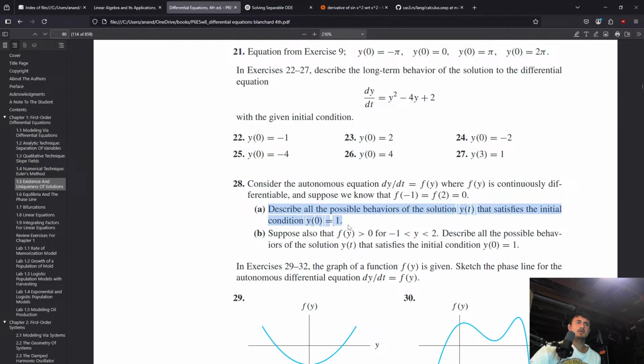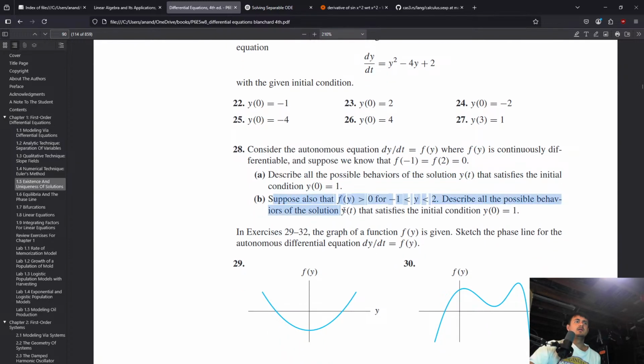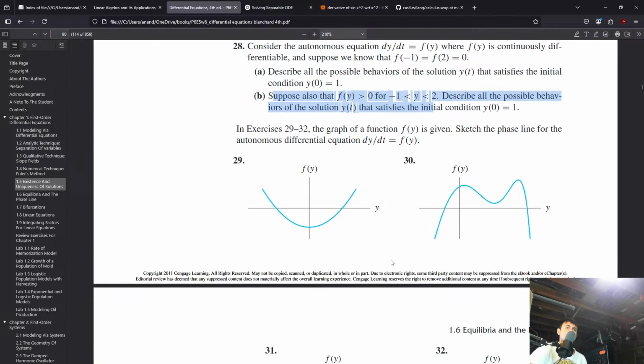So this could be in equilibrium, or it could go to -1, or it could go to 2, but that's pretty much it. Suppose also that f of y is greater than 0. Well, it has to go to 2 then.